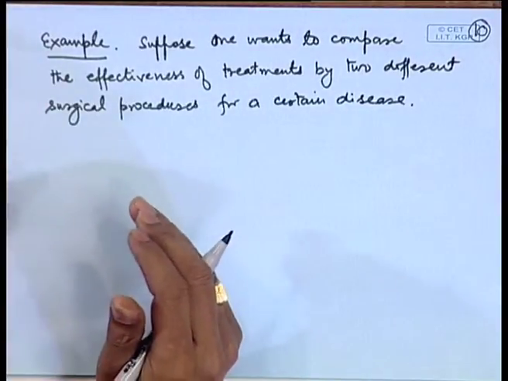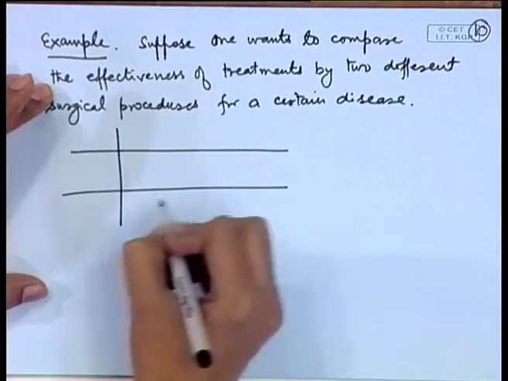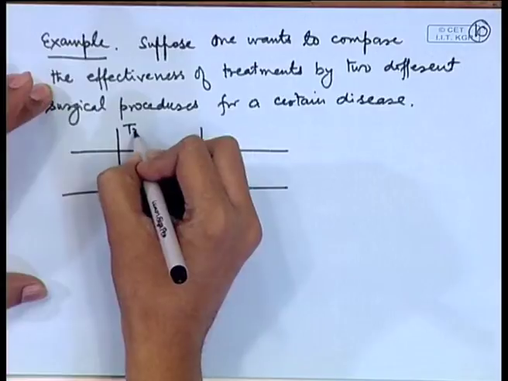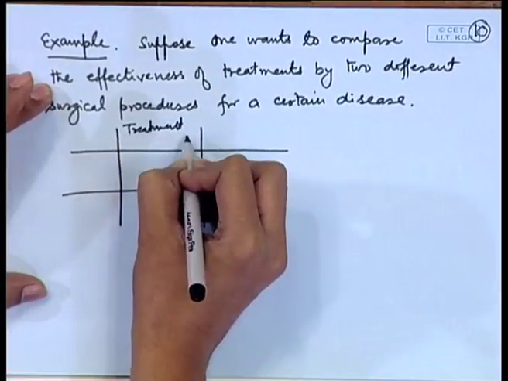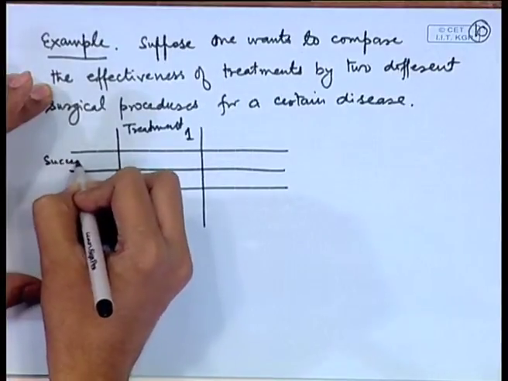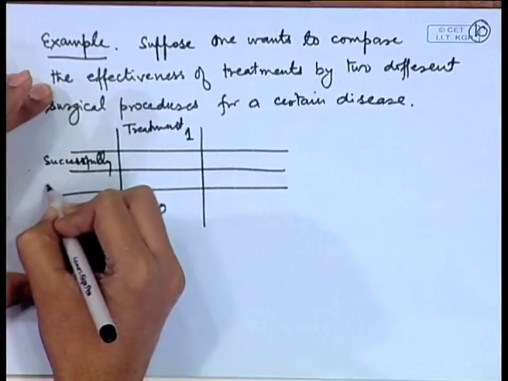So, for this a set of patients is taken. On one set of patients, one surgical procedure is adopted and we observe the proportion of success. So, let us make the data in this particular fashion. Suppose 100 patients are there on which treatment procedure 1 is adopted. We see how many are successfully treated and how many of them are failures.